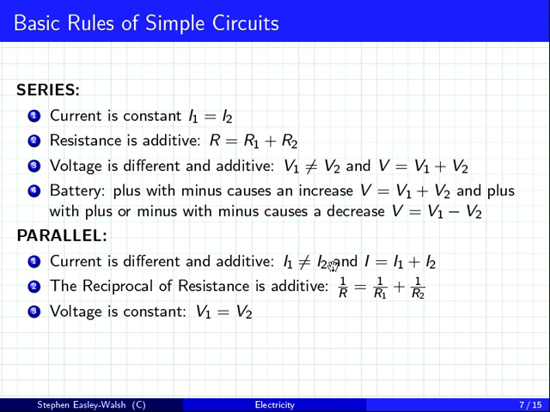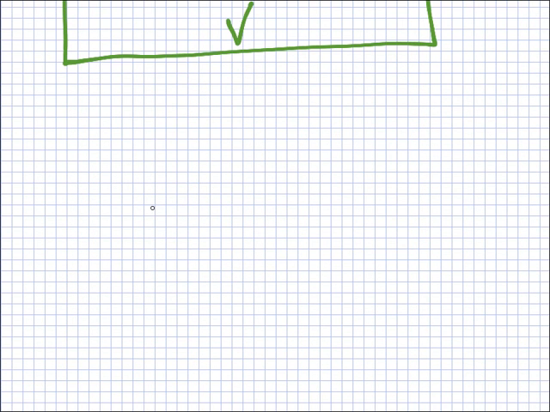Okay. Does anybody know what happens with the batteries if you put the batteries in parallel? They add up, maybe. If you have like 6 and 6 in parallel, you get 12? Like, for example, one here and one here.